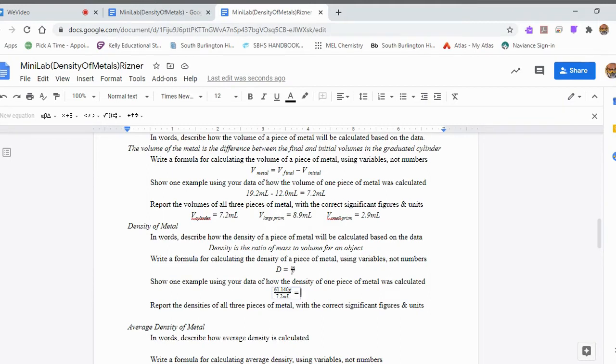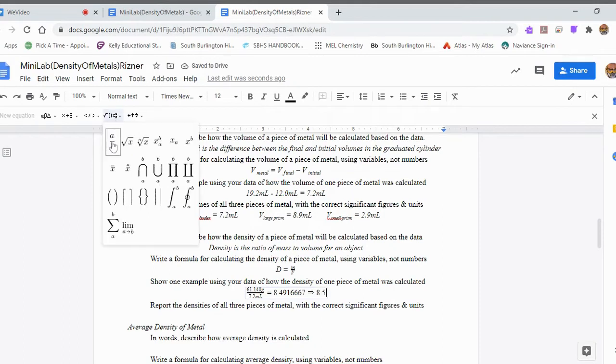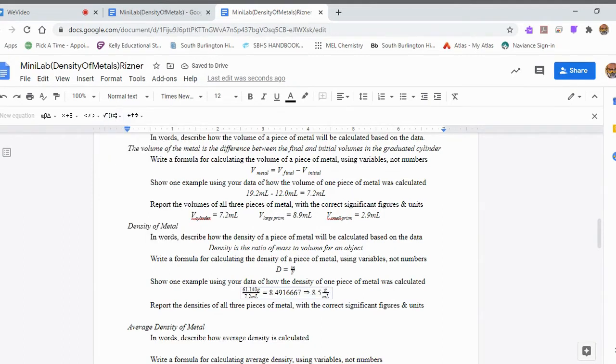The bottom number, the volume, has only 2 significant figures. And so our final answer needs to be rounded only to 2 significant figures. And the units are grams per milliliter, since we had a number of grams divided by a number of milliliters.